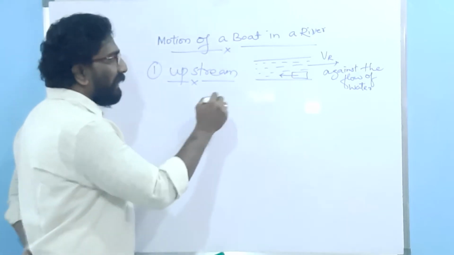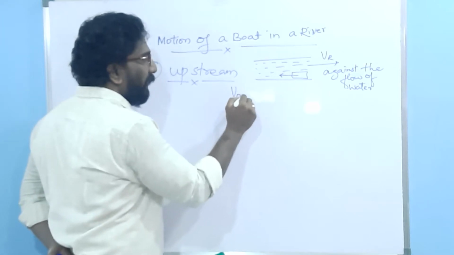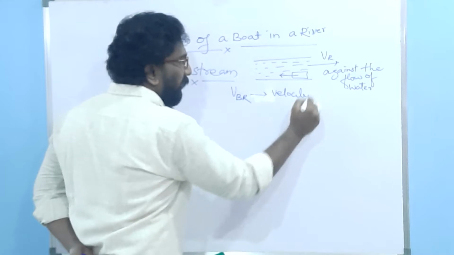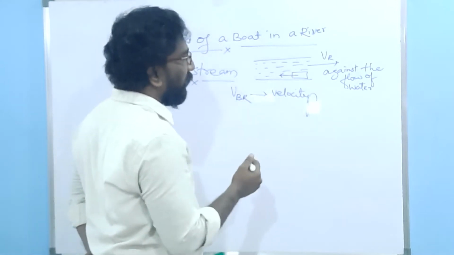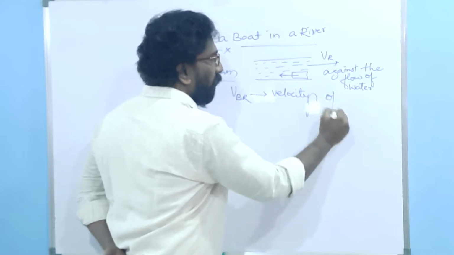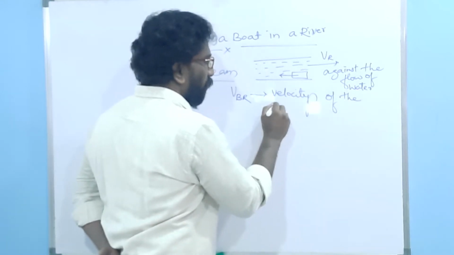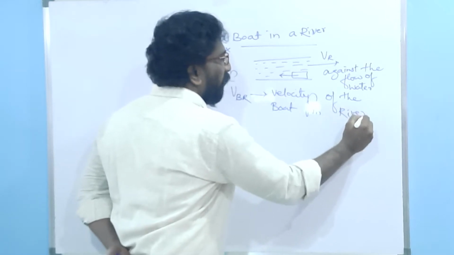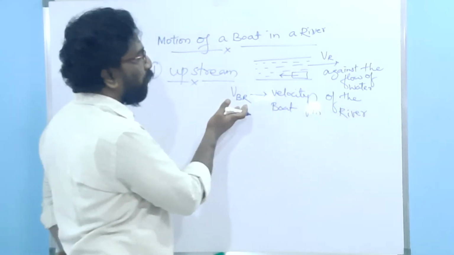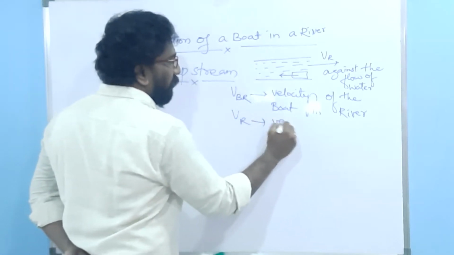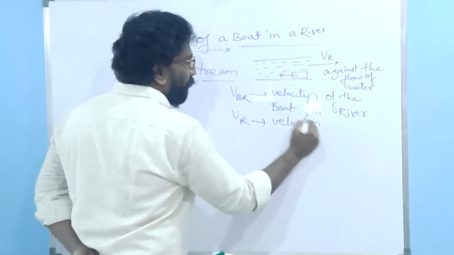Let us consider that VBR is the velocity of the boat in river, or simply the velocity of the boat with respect to the river, and VR is the velocity of the river.